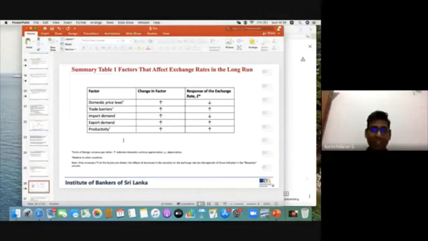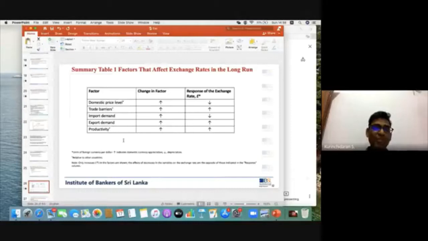Assets means maybe the currency. Then the price of the assets is going to be lower. That means your currency would depreciate. Okay. That is one thing. So the domestic price level and trade barriers.